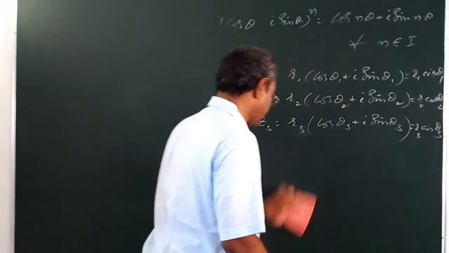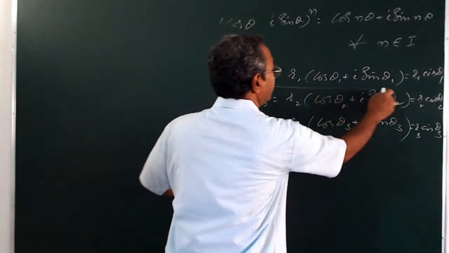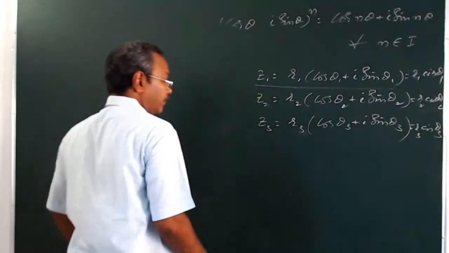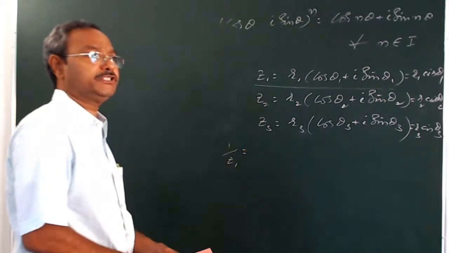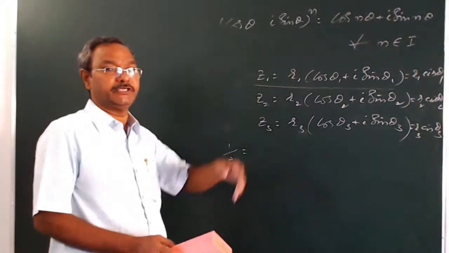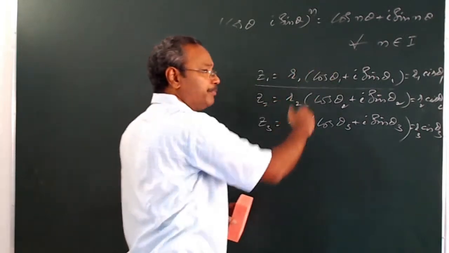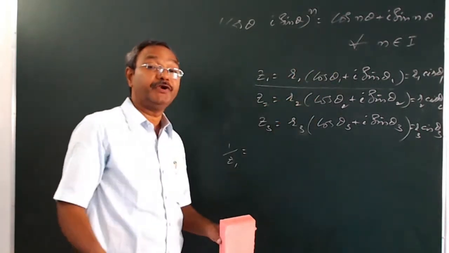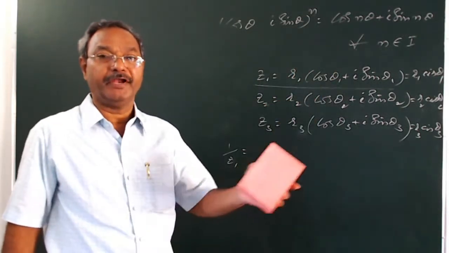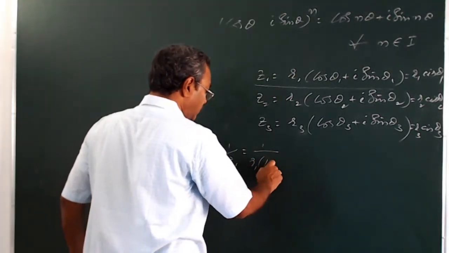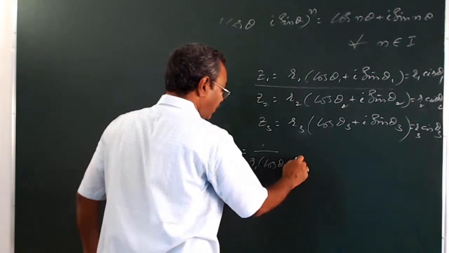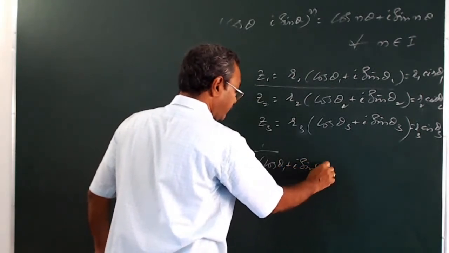If Z1 is R1 into cos theta 1 plus i sin theta 1, so it is 1 by Z1, which is the reciprocal of the complex number Z1. If it is in the mod amplitude form, it is simply 1 by R1 into (cos theta 1 plus i sin theta 1).